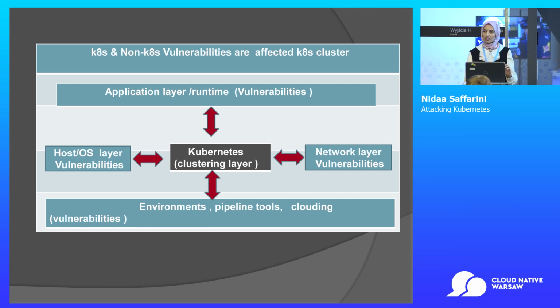If we have vulnerability in a Kubernetes cluster, it will affect the node and the network. And the last thing, if we want to talk about the environment pipeline tools, for example build tools like Jenkins, Octopus, or any other tool, they are connected as third parties with Kubernetes. Also, Kubernetes does not have the right to improve the security for those services.